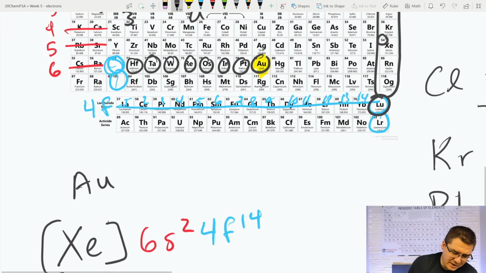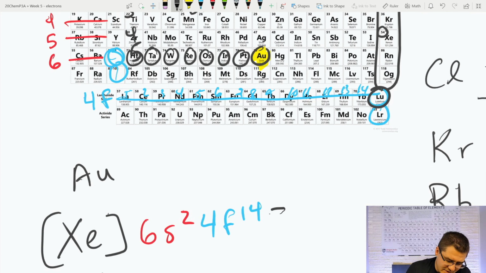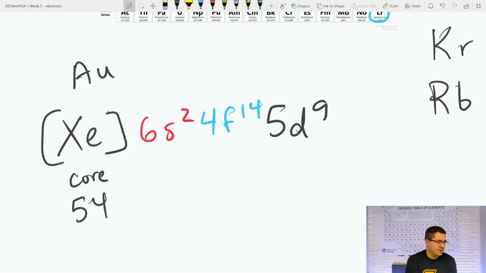So I need to do 9 more electrons, and that is in the 5d. So there's gold's electron configuration: xenon with 6s2, 4f14, and 5d9.